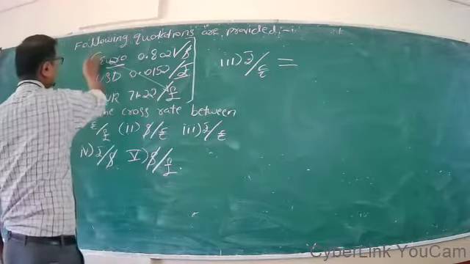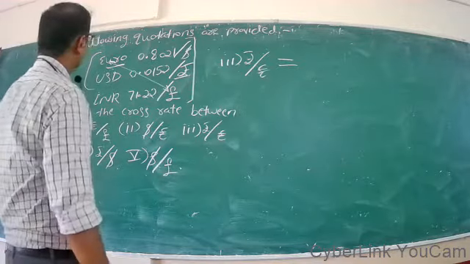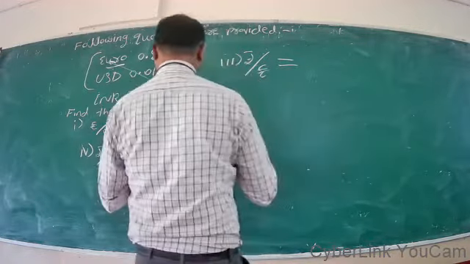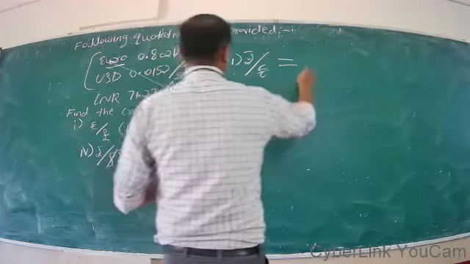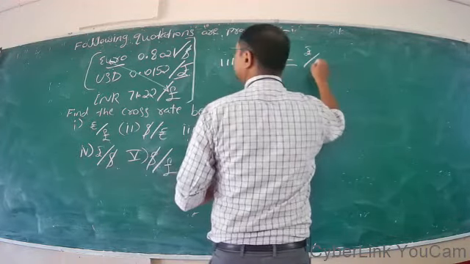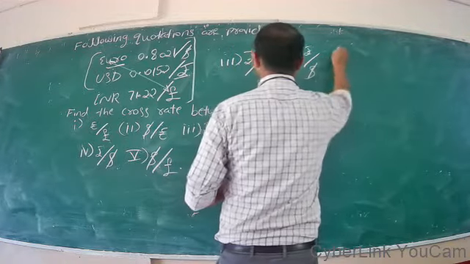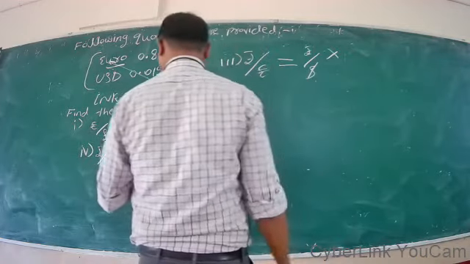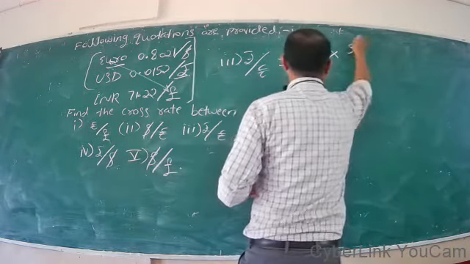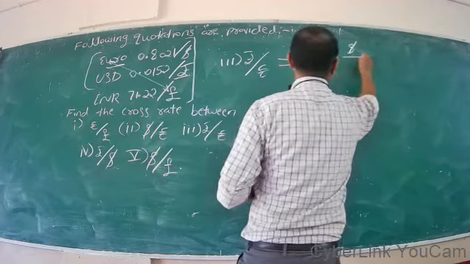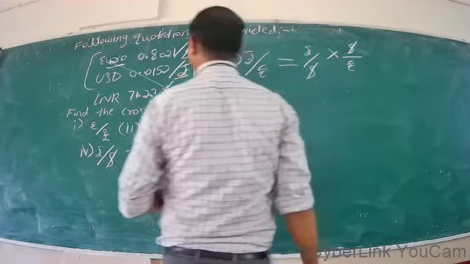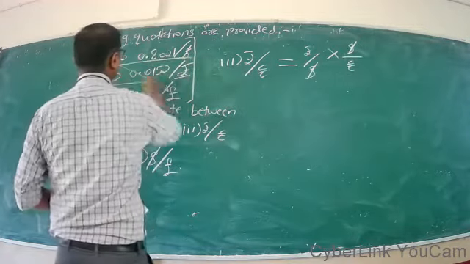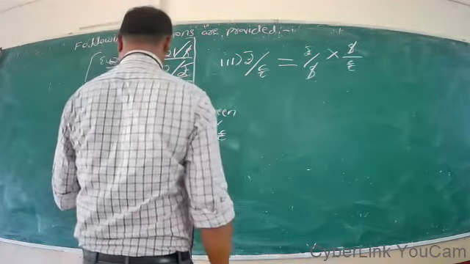So we need to consider only these two quotations. For rupee per euro, we have rupee per dollar, and dollar per euro, right? So these two currency quotations we need to consider.